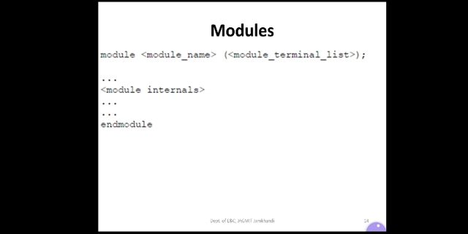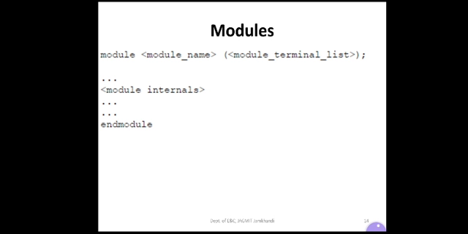Remember, module is a keyword and endmodule is a keyword, and observe that there is no space between end and module. It is written continuously in small case letters. Module and endmodule are the keywords.